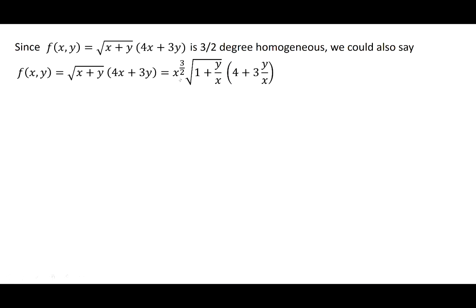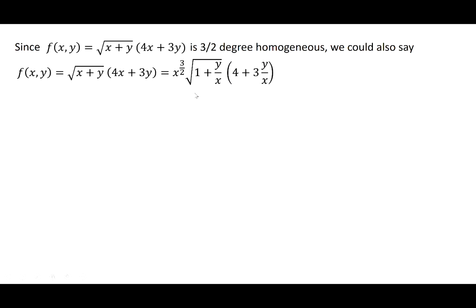If we factor out an x to the 3/2, by factoring out x to the 1/2 from this, we get 1 plus y over x, and x from this, we get 4 plus 3 times y over x. What did I do? I factored out a square root of x from this guy and an x from this parenthesis, and so that gave me this x to the 3/2, which is exactly the same as the degree of homogeneity.